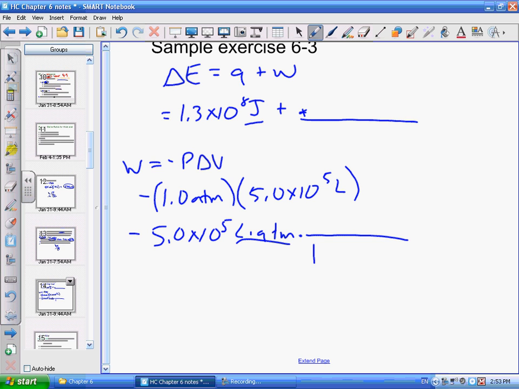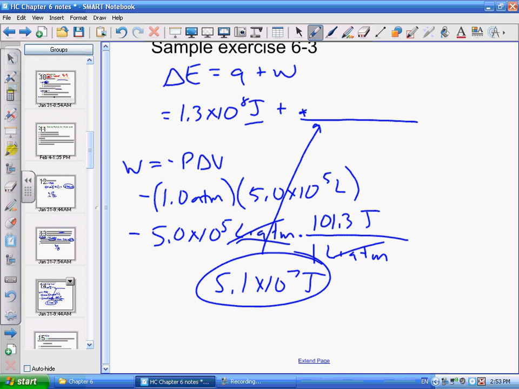So that last little sentence in parentheses says that 1 liter atmosphere is equal to 101.3 joules. So when I multiply those two things together, I end up getting negative 5.1 times 10 to the 7th joules. This number will plug in right here.